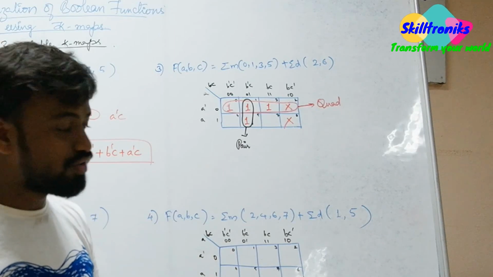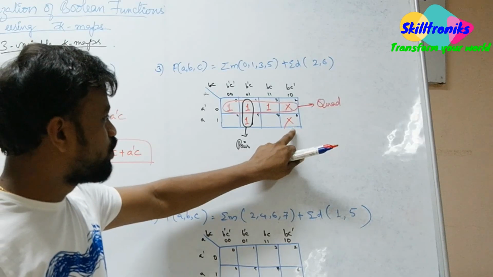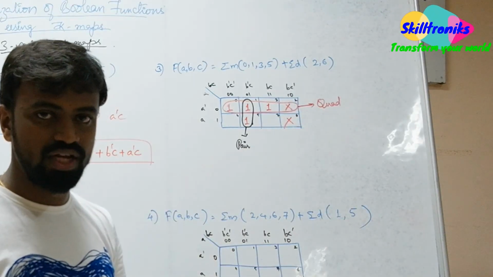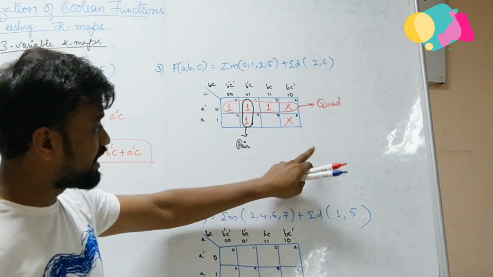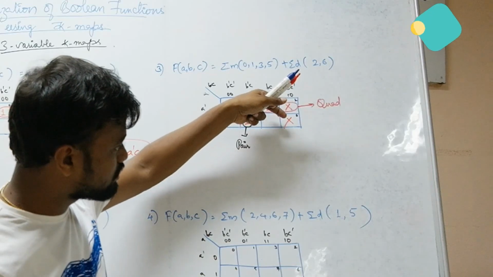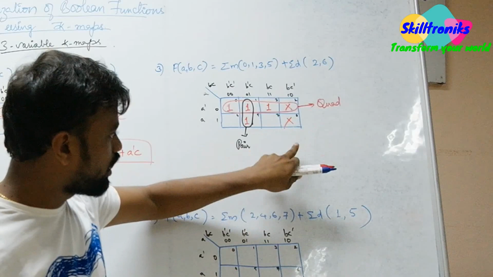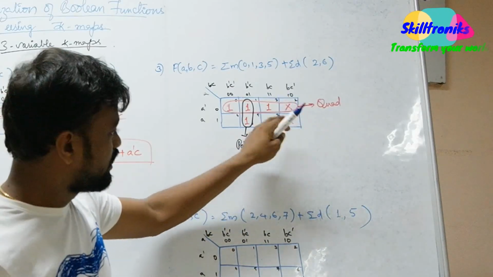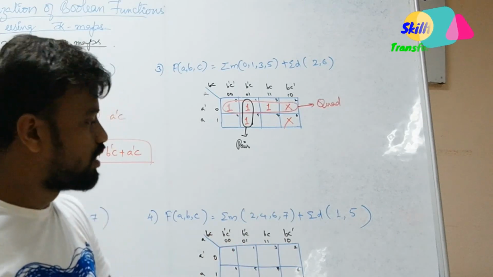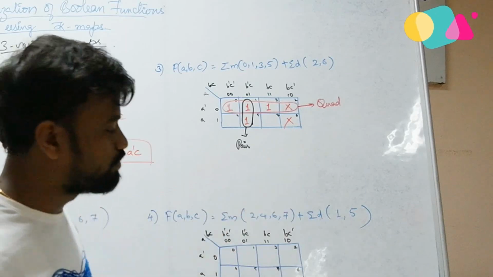So please don't try to form an extra, additional group to make this don't care minterm a part of that. You can simply neglect this because we are assuming that this don't care is having a value 0. If you assume this to be 1, we need to pair it. But in this case, this don't care is not helping us to simplify our Boolean function. So you can simply neglect this by assuming that this don't care is carrying 0.